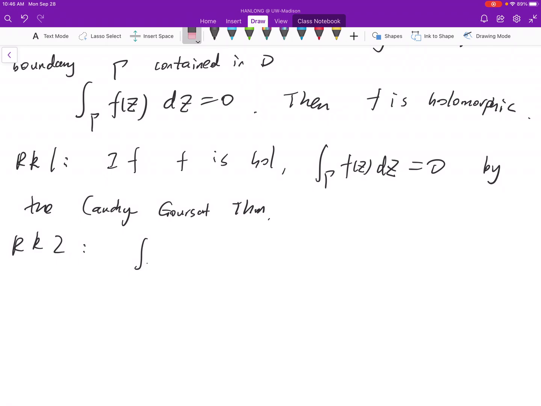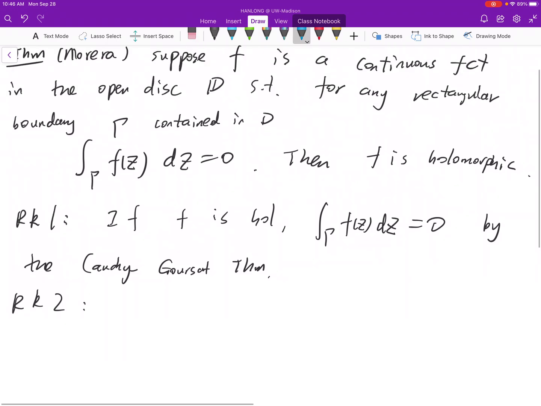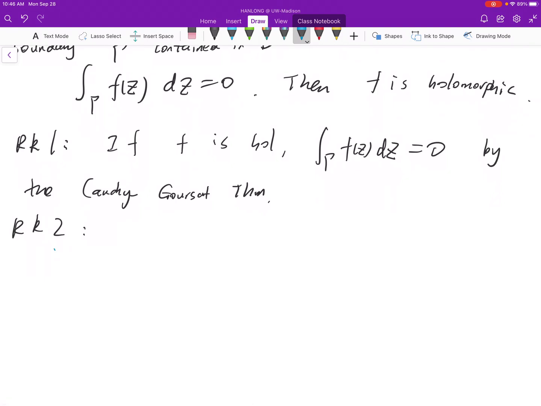So here first let's explain a little bit what a rectangular boundary is. At the beginning you have an open disk D, and then the condition is that for any rectangle inside the disk, you may have the boundary of the rectangle.